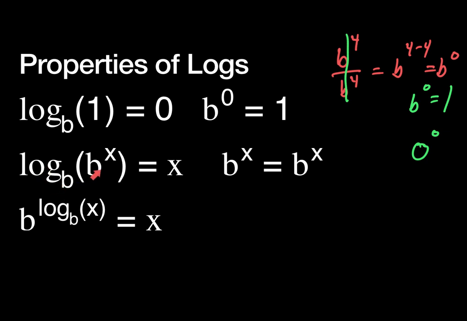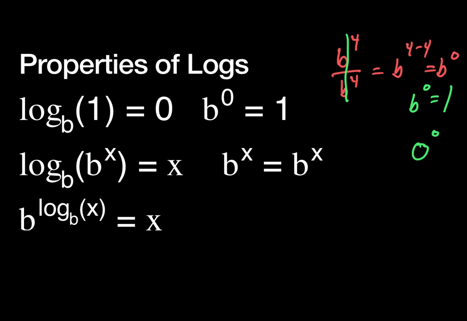Log base b of b to the x equals x. And here's where we're talking about their inverse functions. If I take log base b of b to the x, they are inverse functions. They would leave me with only x in the exponent. It equals x.